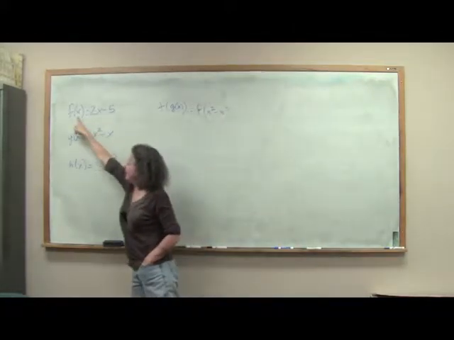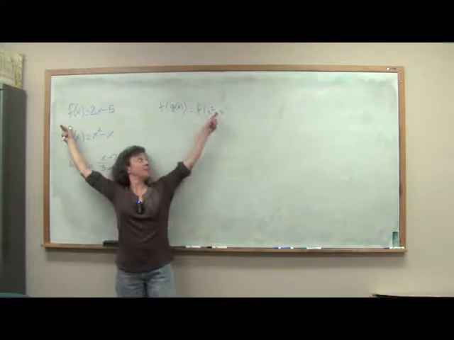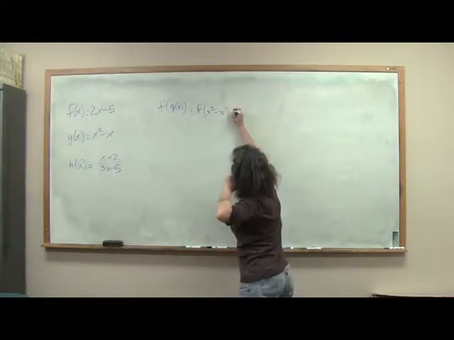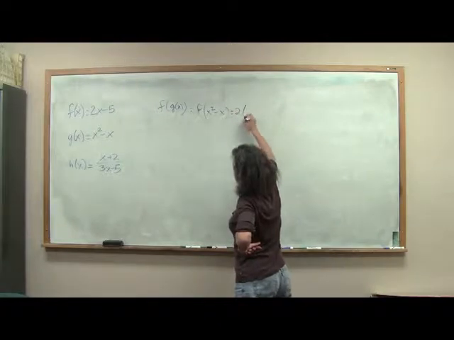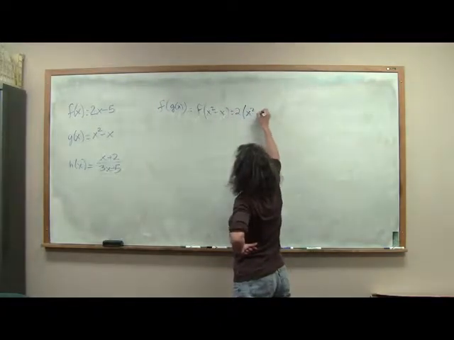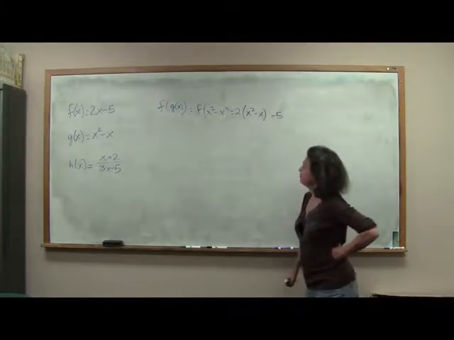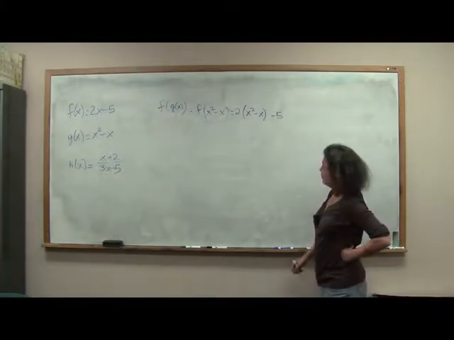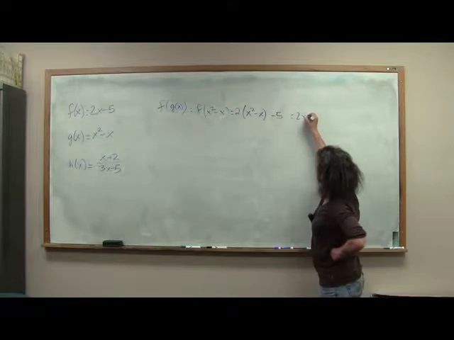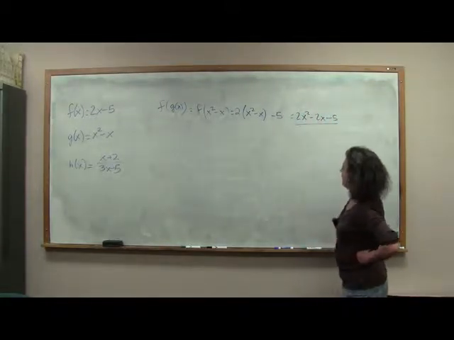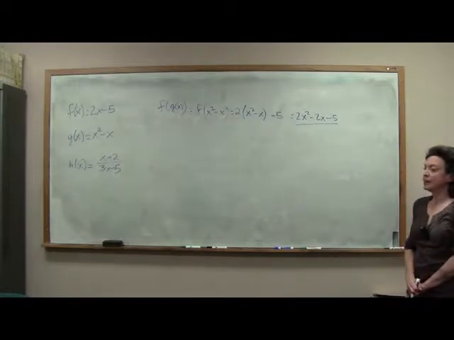Everywhere we see an x in our function f, we're going to plug in x squared minus x. In other words, I'll have 2 times (x squared minus x), and then I have the minus 5. So, when all is said and done, I can certainly distribute my 2, and that is my solution.